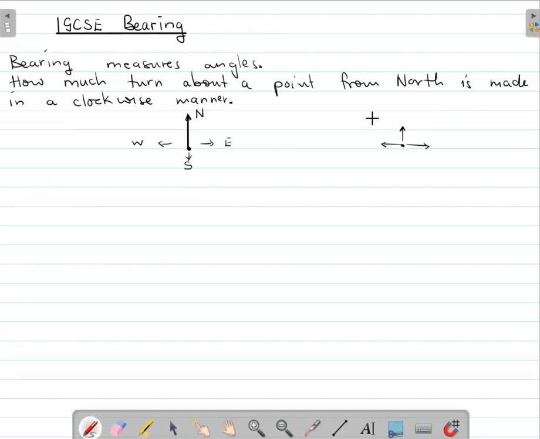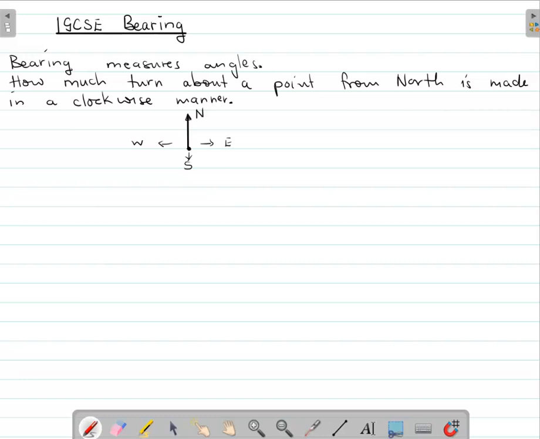each person has two possible options. The person facing north can turn this way or this way. The one facing west can turn this way or this way. And we can see that poses a problem, because these instructions are not specific.